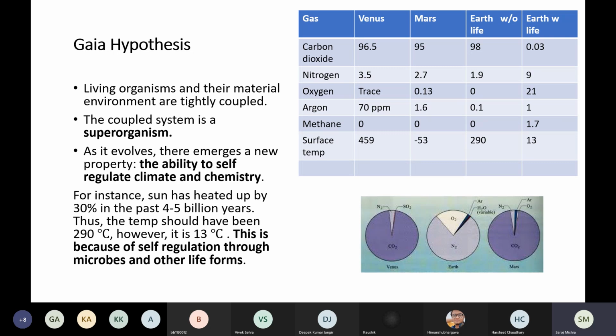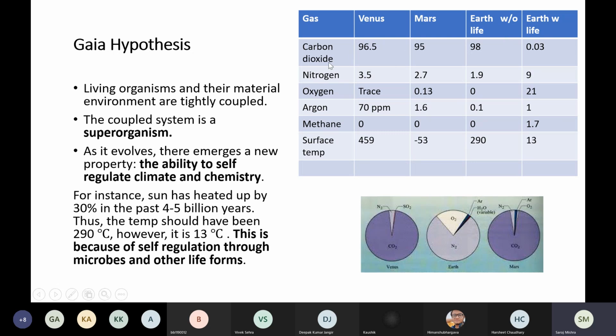In order to illustrate that point, here is the gaseous composition of different planets. These are the planets which are very close to Earth in our solar system, like Venus or Mars, Earth without life and Earth with life. Okay, so let us see, because of the presence of life, how Earth is a superorganism and what kind of self-control it exerts.